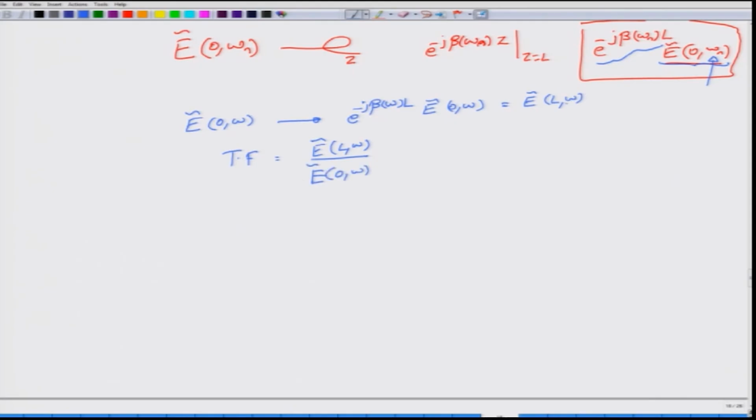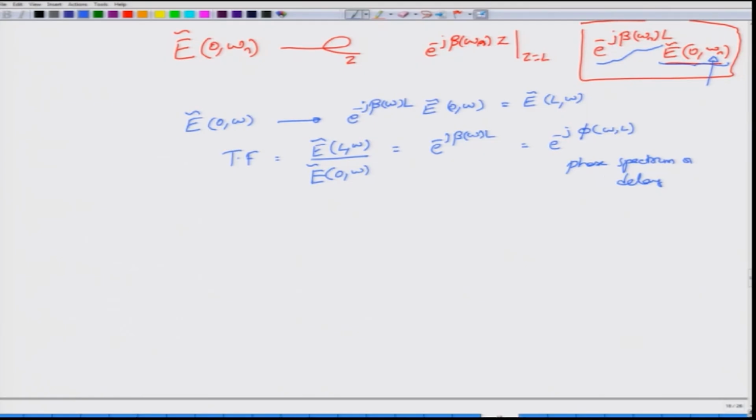Essentially, I look at the ratio of E of L comma omega and E of 0 comma omega, and I will see that this is simply given by this phase term e power minus j beta of omega times L. Sometimes this is also written as e power minus j phi of omega comma L, because you want to also specify the length here, and this phi is essentially the phase spectrum or the phase delay. Because phase is related to delay, this is sometimes called simply phase delay, although the terminology is not very nice. It is kind of standard in communication literature.